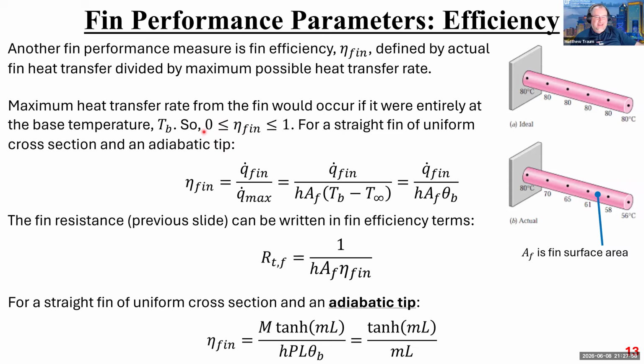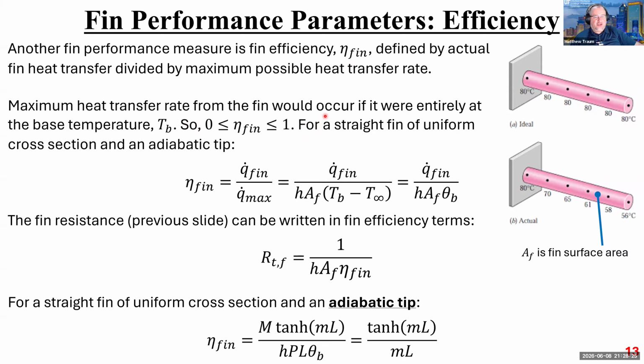That's zero if you just have an adiabatic insulator that you stick on here. The fin is just a big chunk of styrofoam that's not helping you at all. That's zero. Or one is the magical situation where you actually do somehow manage to get constant temperature all the way down the fin, right? So 0 and 1, those are the bounds of efficiency. So this one does actually behave exactly like efficiency. That's why it's called efficiency.